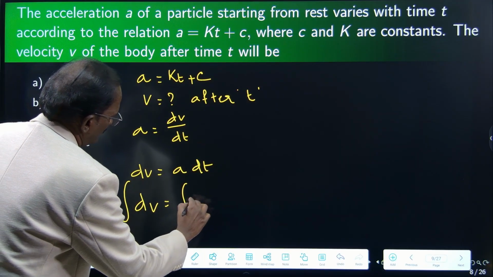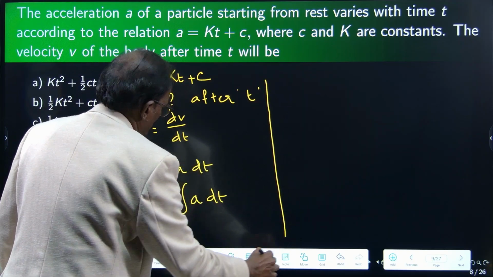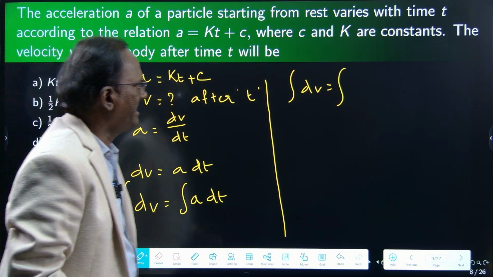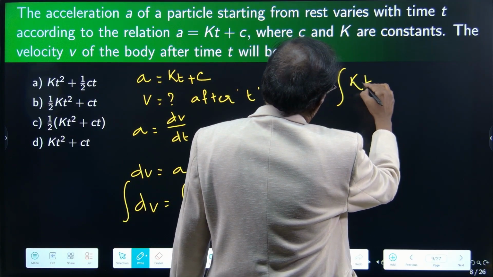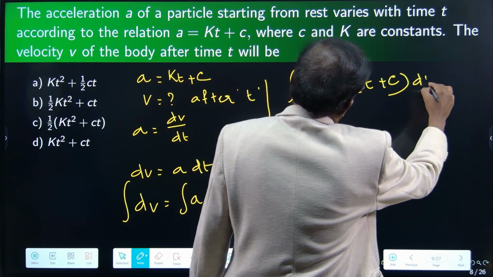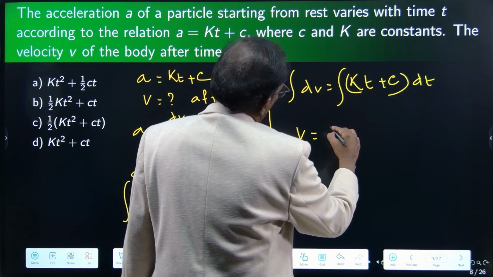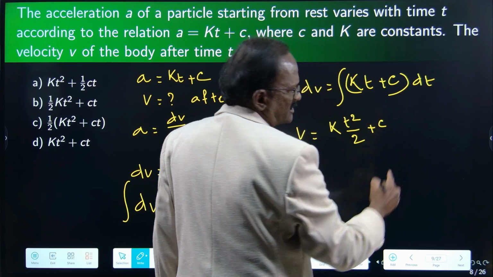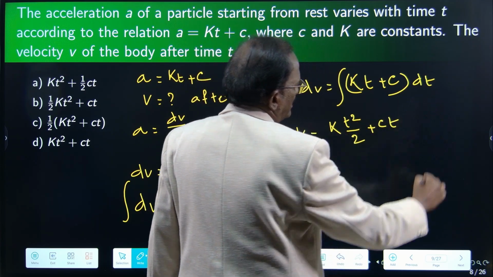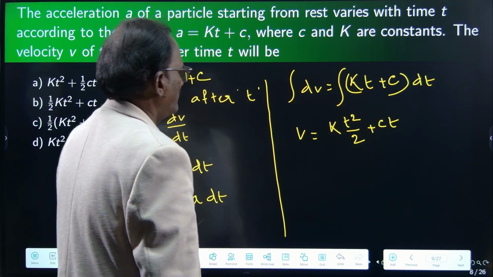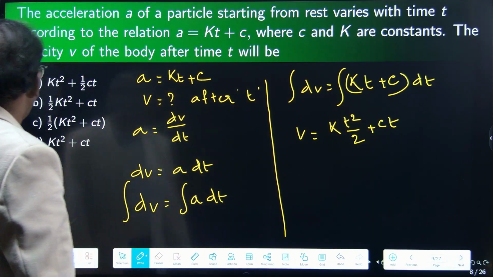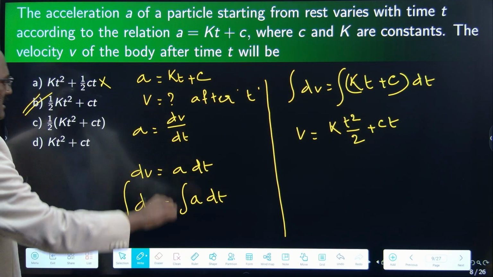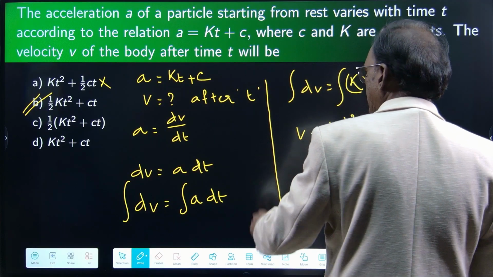Integral of dv is equal to integral of a dt, where a is given as kt plus c. With respect to t, we are integrating, this will be v. k is constant, so t square by 2, plus c is constant, if you integrate it, it is c into t. The velocity is kt square by 2 plus ct. So option B is correct, half of kt square plus ct.